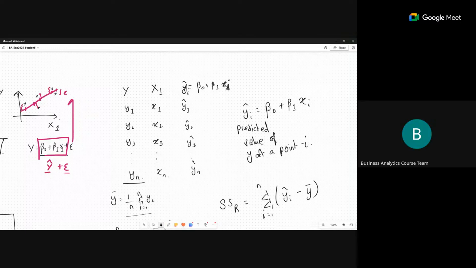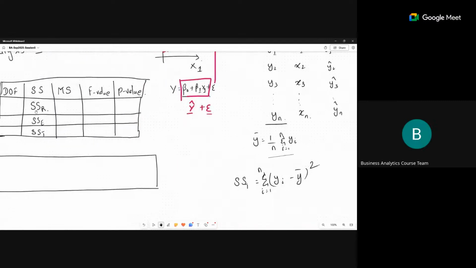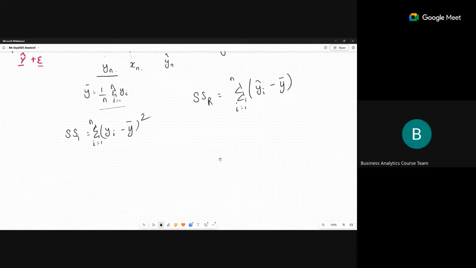So with that, you get your SSR, which is the regression. Now, when you fit a model, the SST must be spread between the SSR and the SSE only. So the sum of squares total is equal to the sum of squares regression plus the sum of squares error.